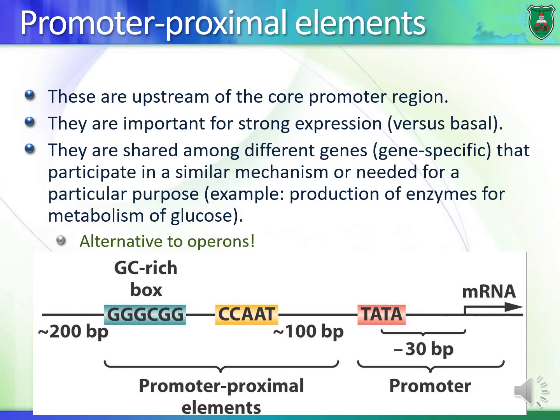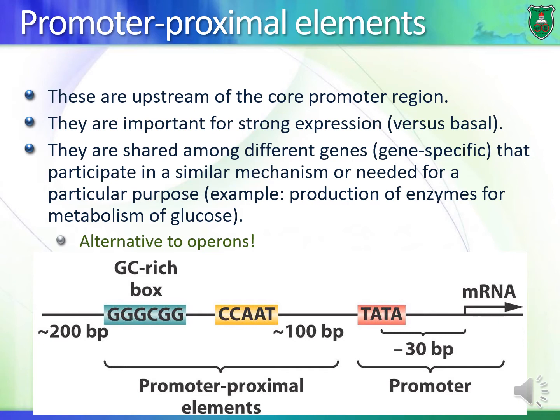Yes, but it's not really that efficient. We need this sequence. It's important because it's the binding site of other regulatory proteins that are gene specific, so they function for specific genes, and they increase the efficiency of transcription.